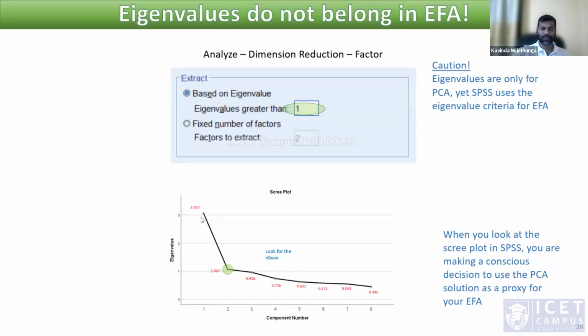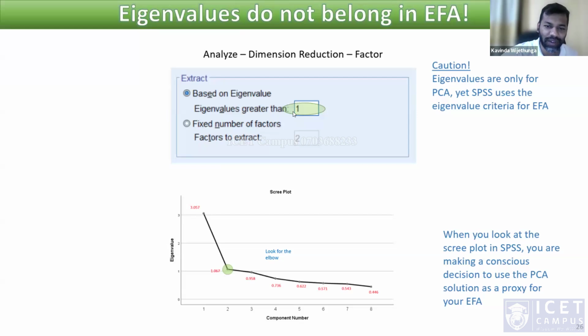I will just show you. Let's go through it quickly. Factor analysis, dimension reduction, factor. Then for extraction method I will use principal components, based on the eigenvalues. Earlier we divided into two. Now based on the eigenvalues, let's look at how they divide again in factor analysis.